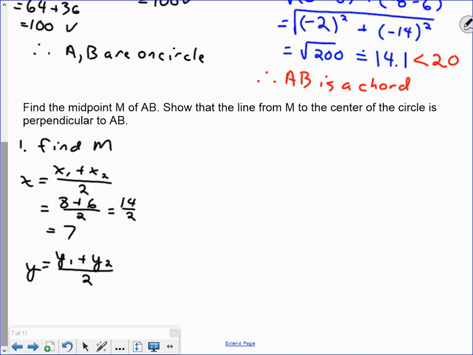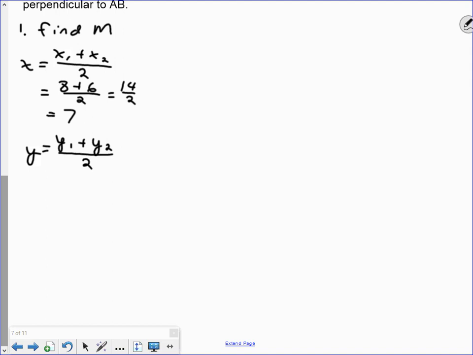And then for our y's, y1 plus y2 is going to be 6 plus negative 8 divided by 2, negative 2 divided by 2, which is negative 1. So this point M is the point 7, negative 1.